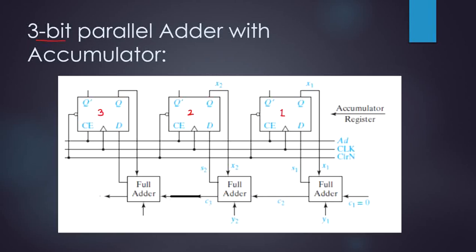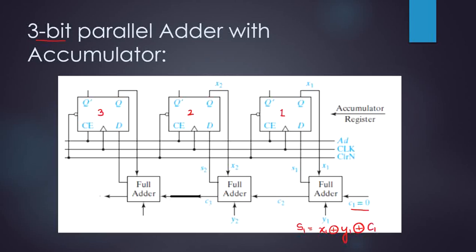Now, to obtain the expressions for the first full adder, you have C1 given as equal to 0, Y1 is the input, X1 is the input, S1 is the sum, and C2 is the carry. The sum can be written as S1 equal to X1 XORed with Y1 XORed with C1.